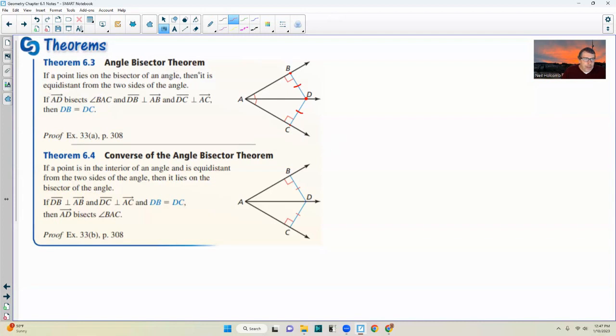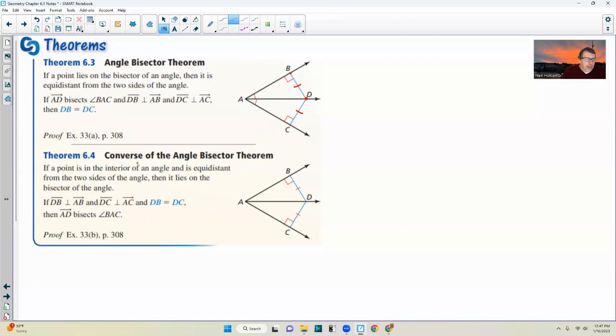Okay, so that's the angle bisector theorem. So if we know a ray bisects an angle and the distance from the point on the bisector is perpendicular to the ray, then those two distances are equal.